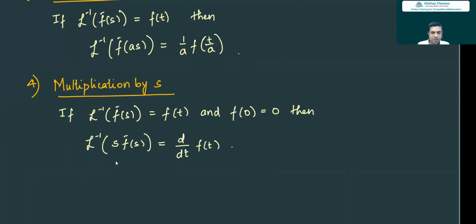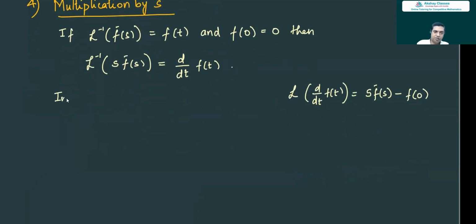You remember this one, Laplace of d by dt of f of t, not inverse, the Laplace of this is s times f bar of s minus f of 0. So f of 0 is 0. So inverse of s into f bar of s will be the derivative of f of t.